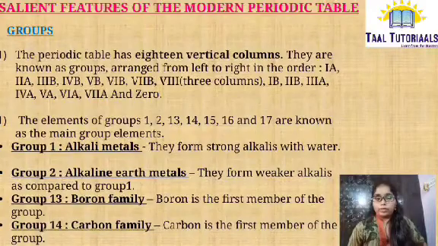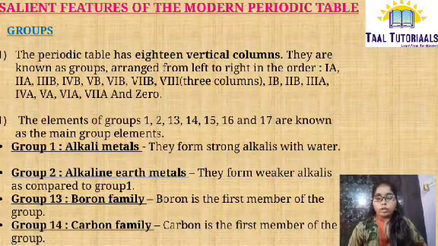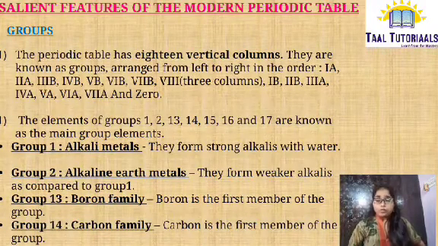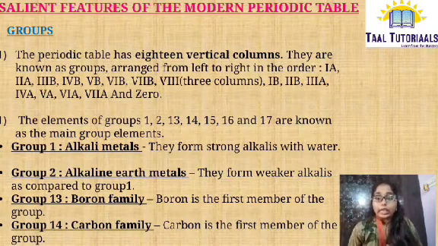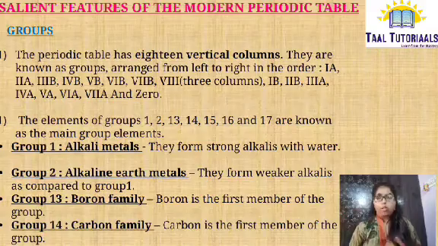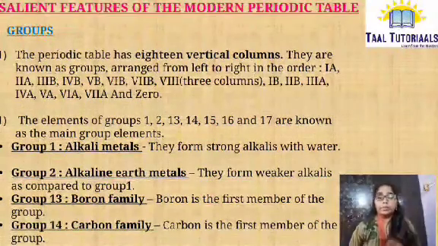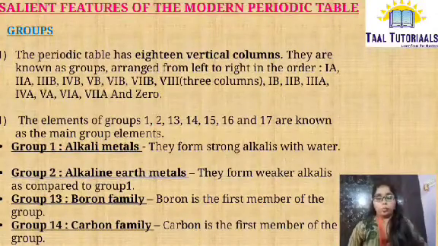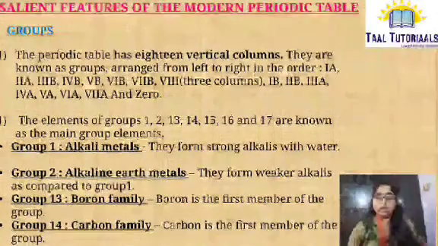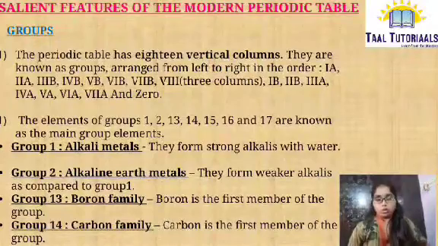Group 14 carbon family. Group 1 is what? Alkali metals. They form strong alkalis with water. Group 2 is alkaline earth metals. They form weaker alkalis compared to group 1.